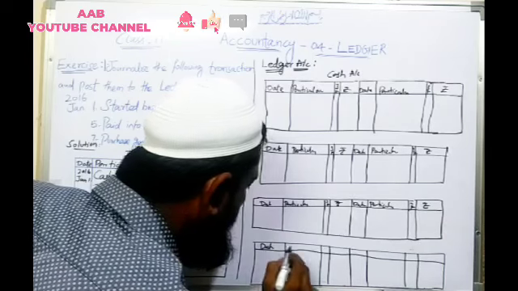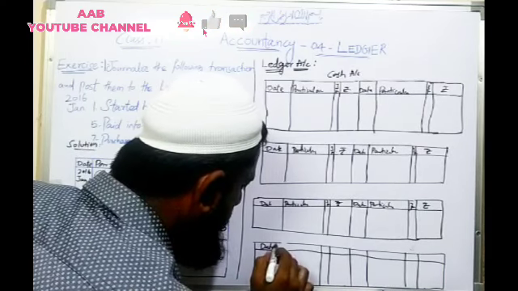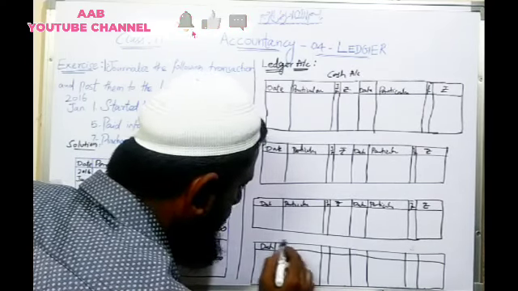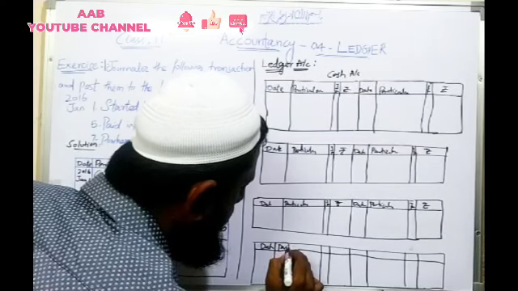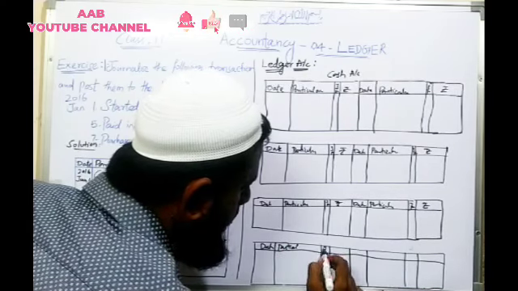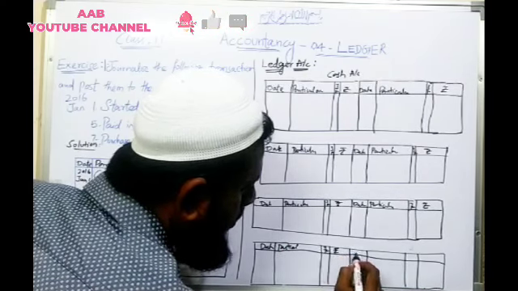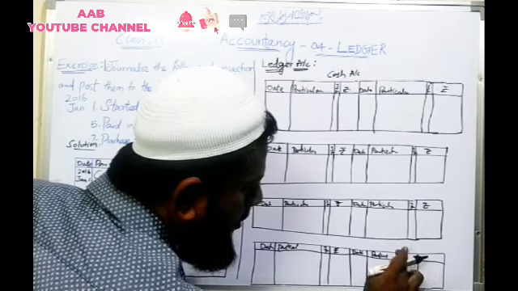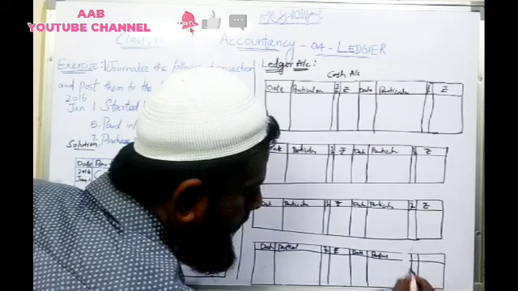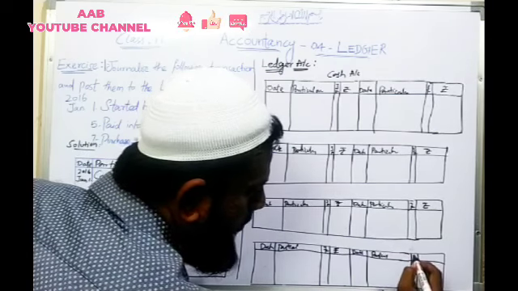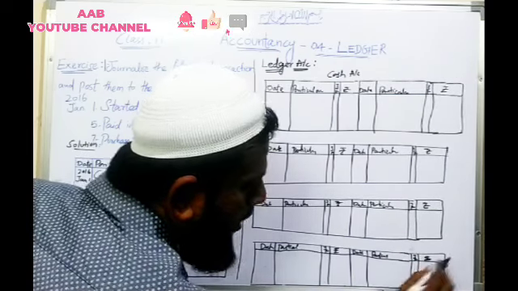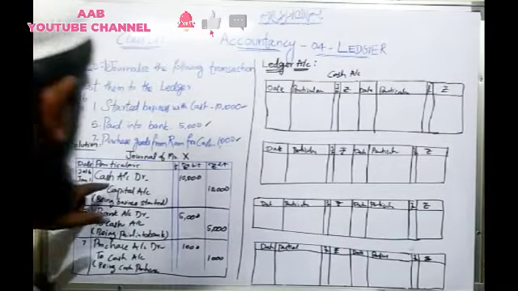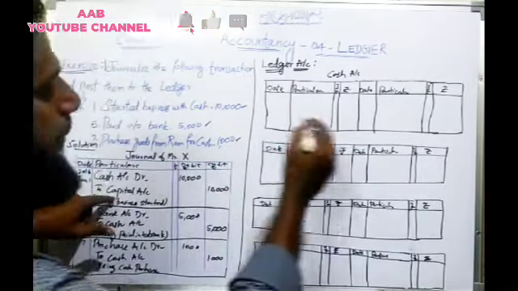So date column, don't waste the space, particulars, JF, amount, date, particulars, JF and amount. So first the cash account is opened, the next the capital account.